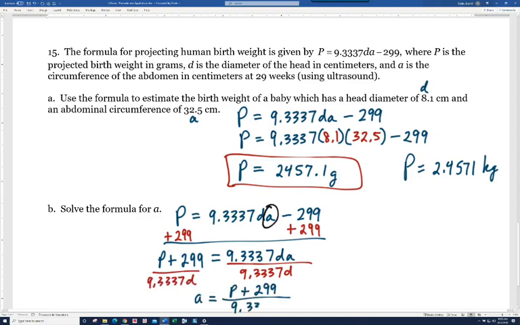Finally, notice these canceled out here, so we get A is equal to P plus 299 over 9.3337D. All right, and that's it for this video.